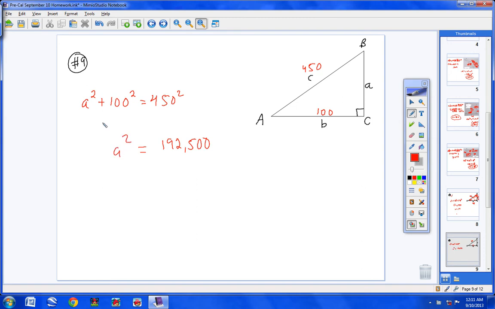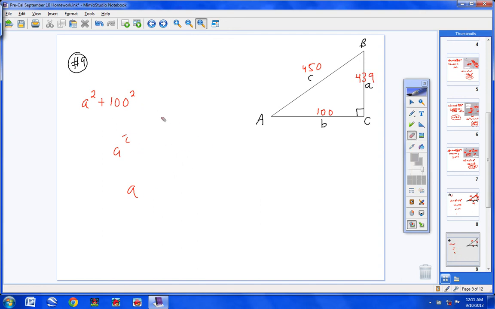So then we take the square root of both sides, and we'd get 438.7. So a equals 438.7. Let me check the book on that. And yep, they have 439, so they rounded theirs to simply 439, which is totally fine.